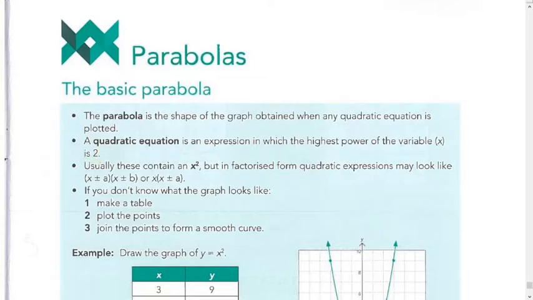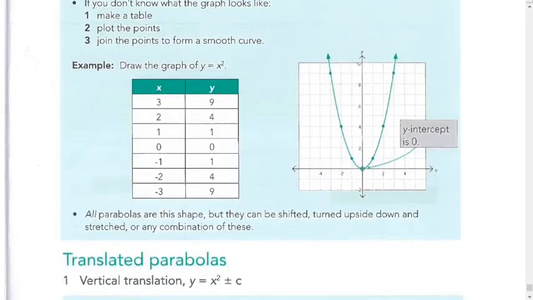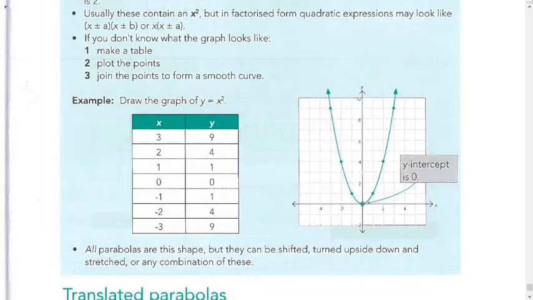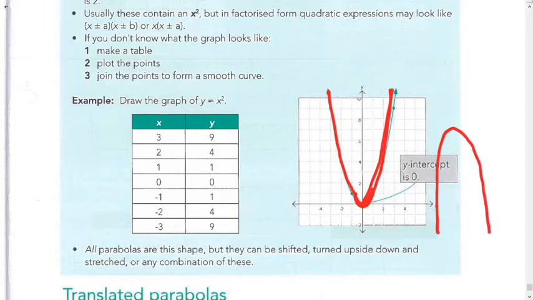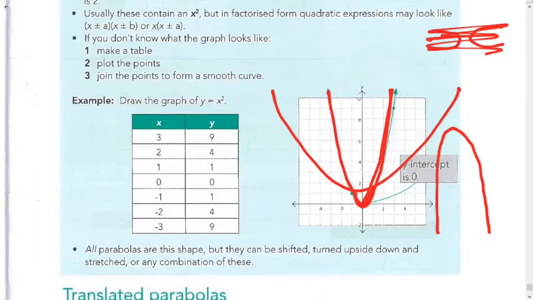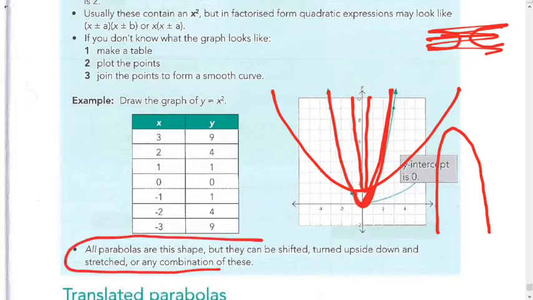A parabola is always this U shape, okay, with a soft curve at the bottom. Now it can open downward, upward. It can even open sideways, but we're not there yet. They can be very wide or they can be very narrow. But they always maintain that same U shape.